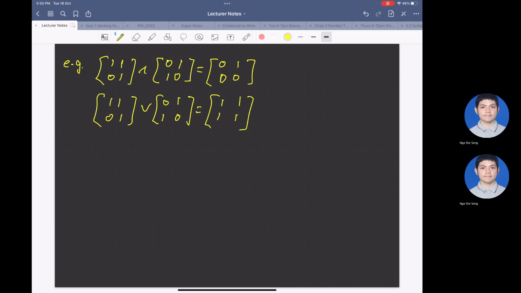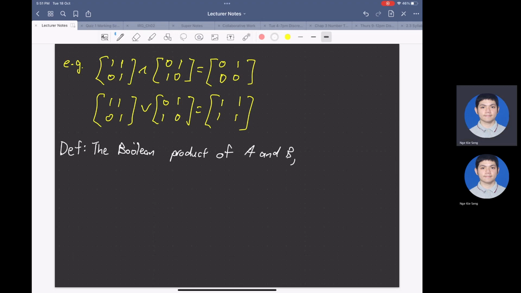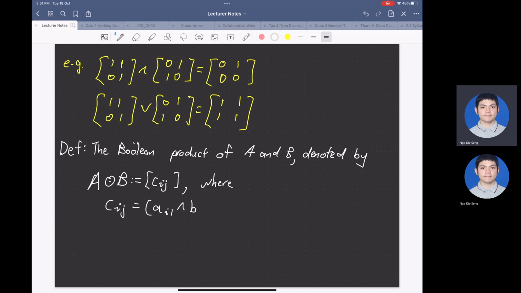The last one is the Boolean product. I don't need to repeat the condition; you should know the condition on A and B. The Boolean product of A and B we write as A dot B. If I write the entry like this, you replace the multiplication with the AND, and then you replace the plus with the OR.